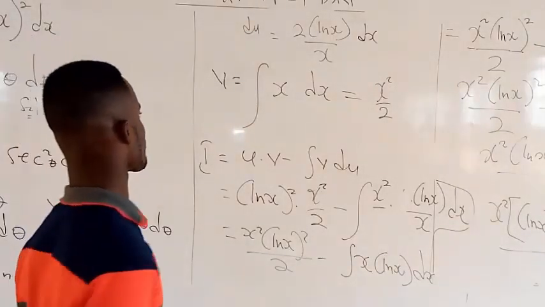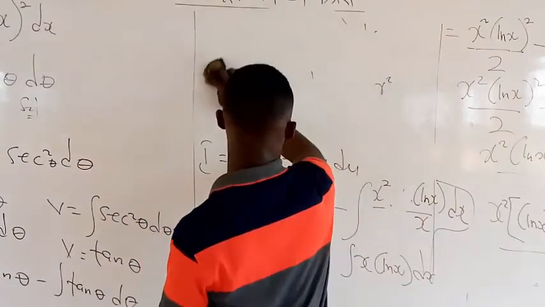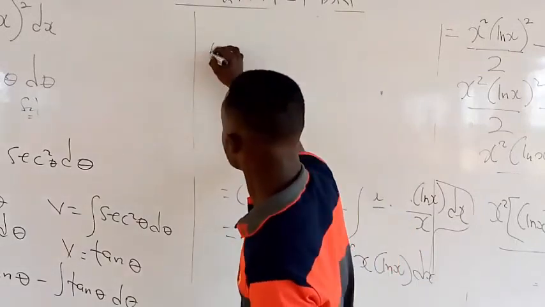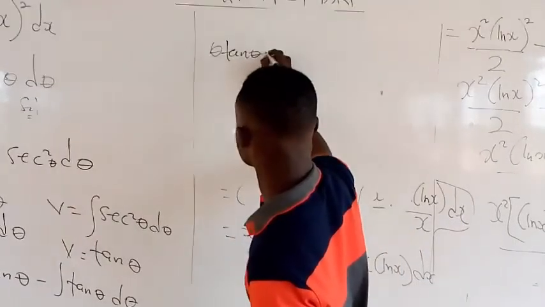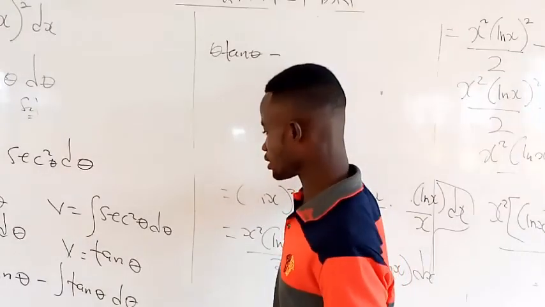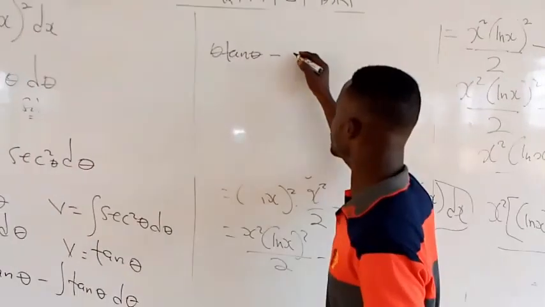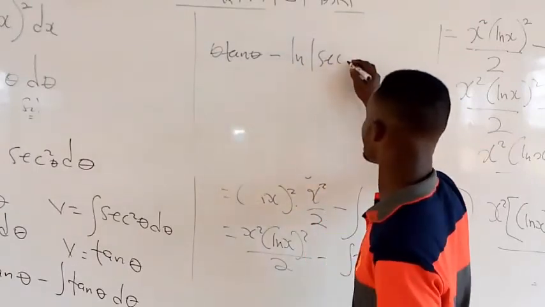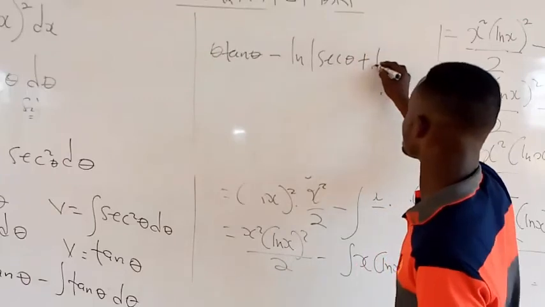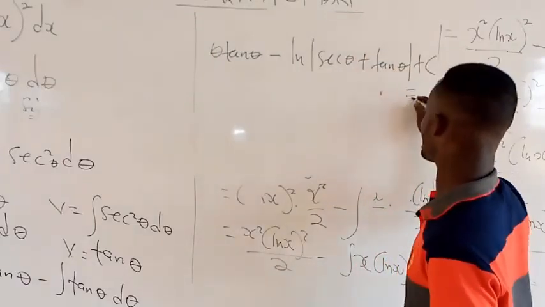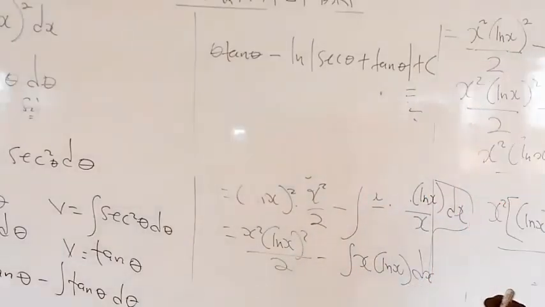So our final answer is going to be theta tan theta minus, when you integrate tan, what will you get? Hope you remember that you get ln sec theta plus tan theta plus c. And that becomes our final result for that.